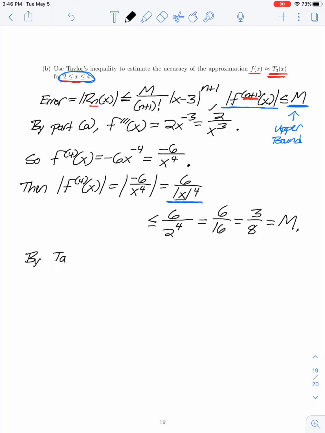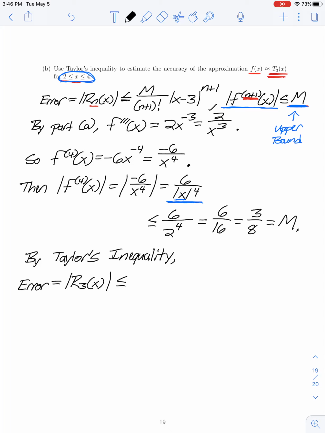So applying Taylor's inequality, we have the error in our Taylor polynomial approximation is given by the absolute value of our remainder, R sub 3 of x, since we were using a third degree Taylor polynomial.